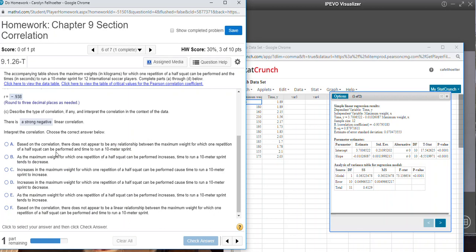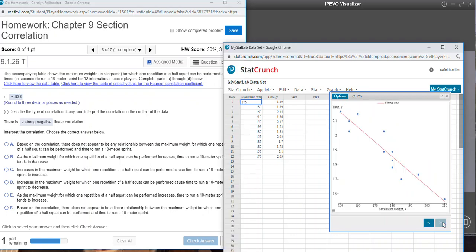So we would say, I know it's not A, and I know it's not F. And we know that as the weight increases, time decreases. So choice B.